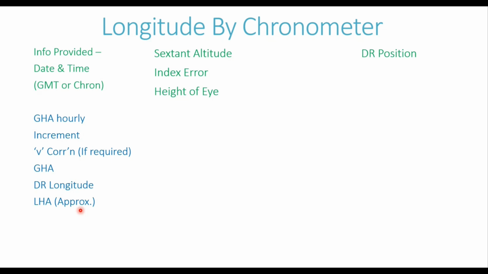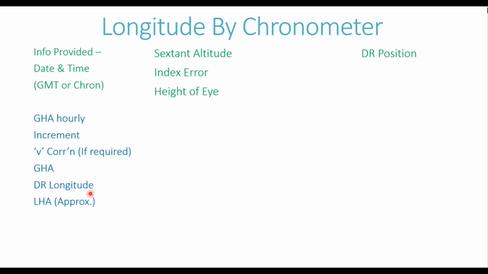Now why are we indicating as approximate? The reason for that is that we use the DR longitude to obtain the LHA. Now DR longitude could have errors in it. So that's why the value of LHA will not be accurate. The GHA was exactly accurate for that particular date, hour, minute, and second.